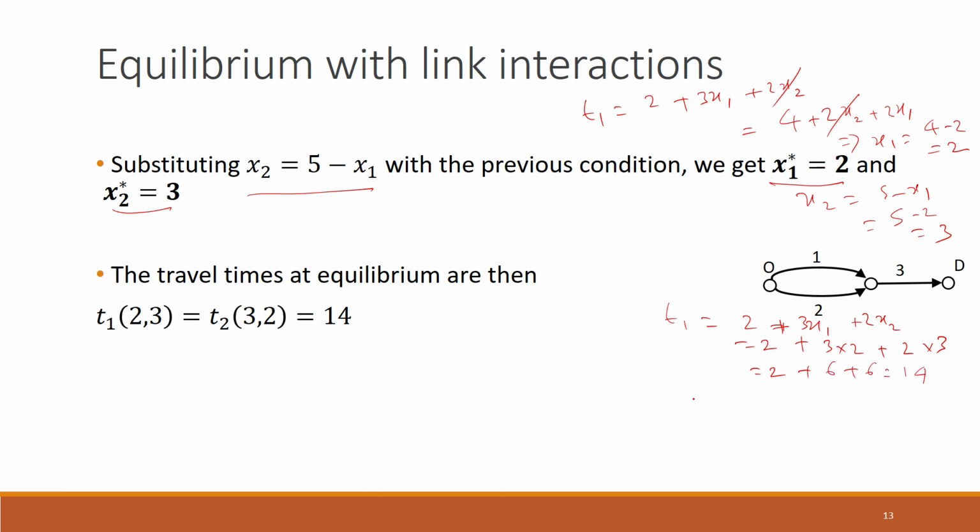Okay. And similarly, for the travel time on link 2, we can write down the expression 4 plus 2x2 plus 2x1, which is equal to 4 plus 2 times 3 plus 2 times 2. So, 4 plus 6 plus 4, again this is coming out to be 14. So, the travel times on both the links are the same and equal to 14.